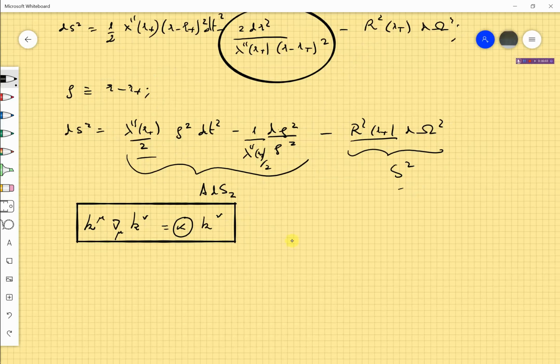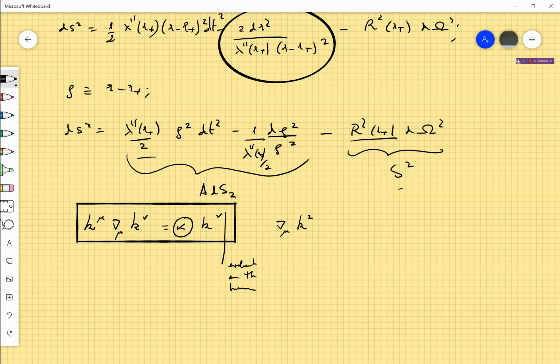Another definition, which sometimes is a bit more practical and which follows from the previous equation, you have to use properties of Killing vectors and so on. Okay, this has to be evaluated at the horizon. If you compute this in general at any point, this will not be true.